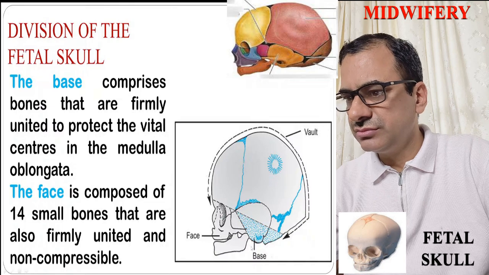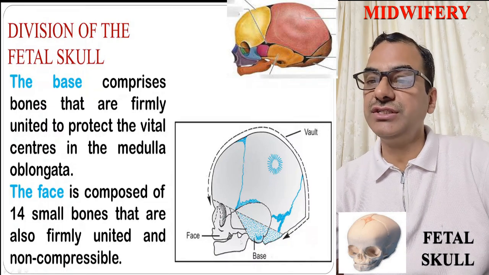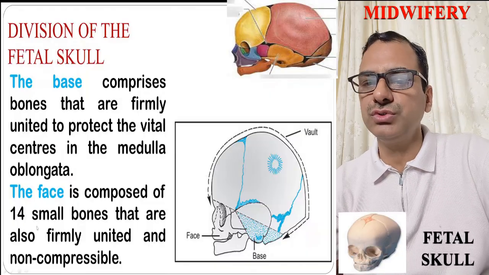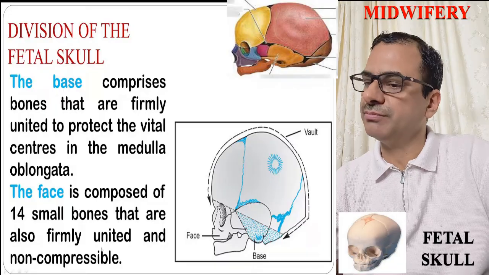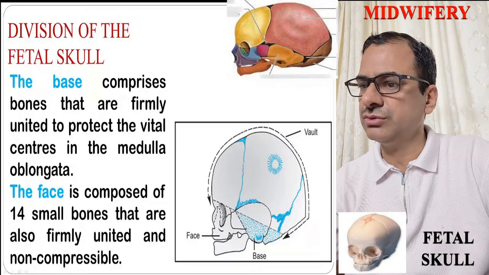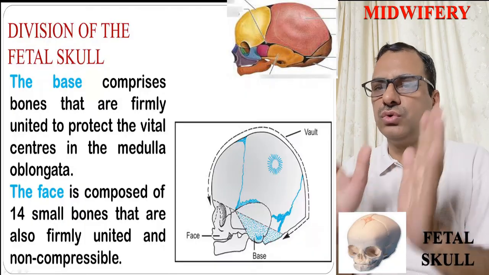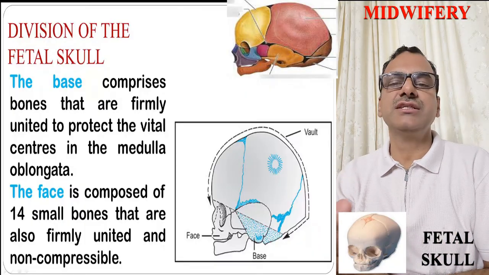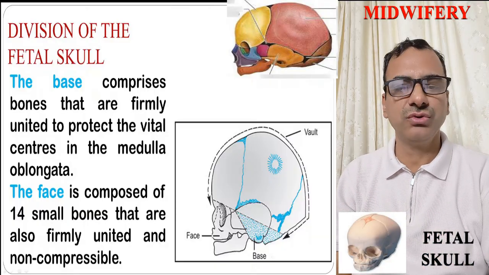This part is base, and the face is composed of 14 small bones that are also firmly united and non-compressible. So basically you should know that the vault is compressible during delivery while face and base are not compressible.